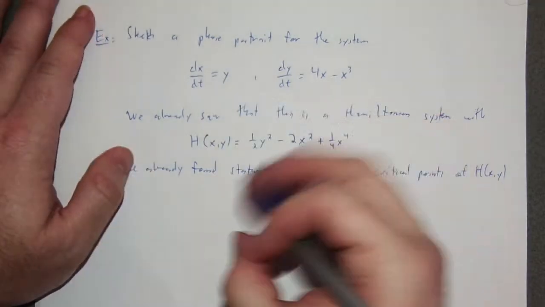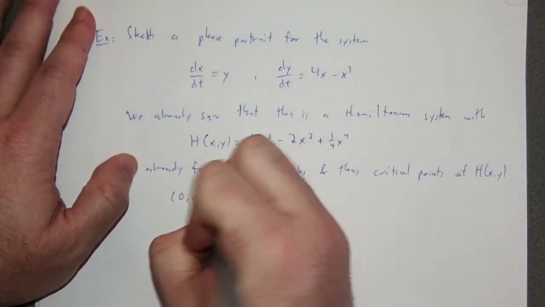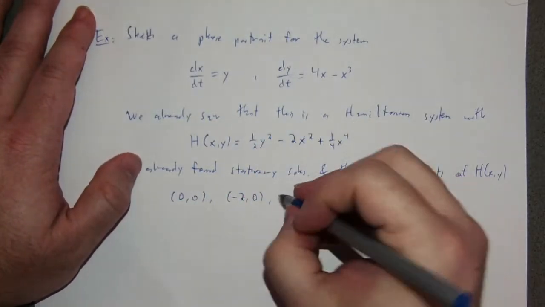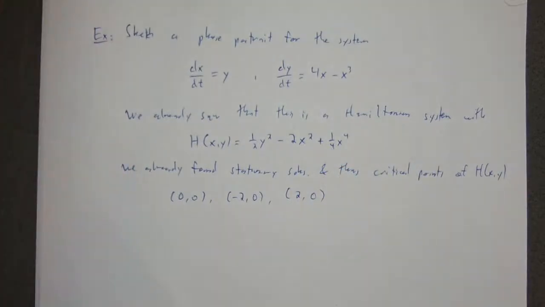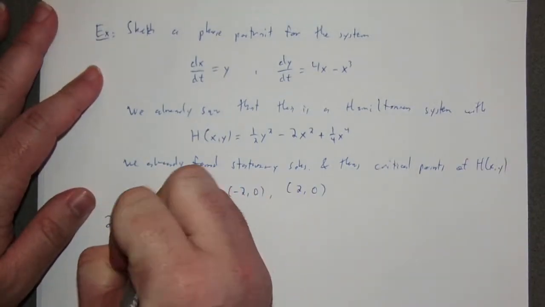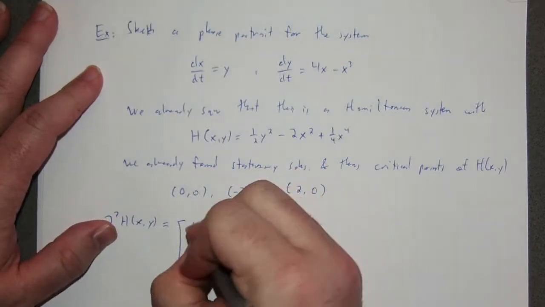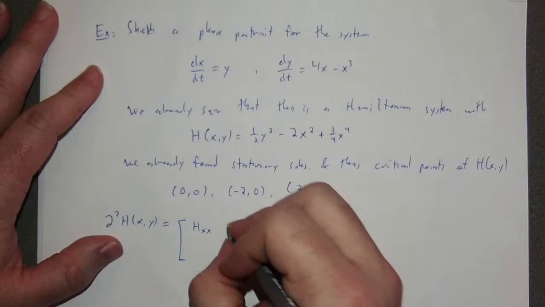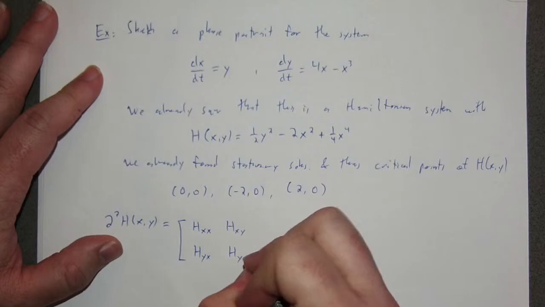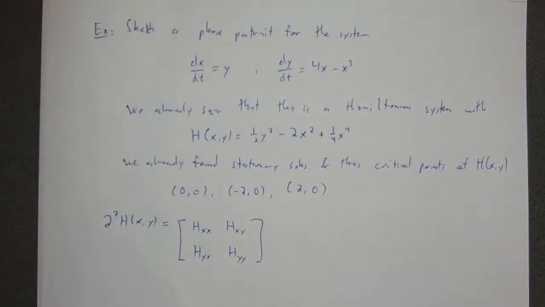So this is the first thing we did. The stationary solutions we found are (0, 0), (-2, 0), and (2, 0). All right. The Hessian matrix in general: remember, it's the xx partial of h, the xy partial of h, the yx partial of h, and the yy partial of h in this 2 by 2 matrix.